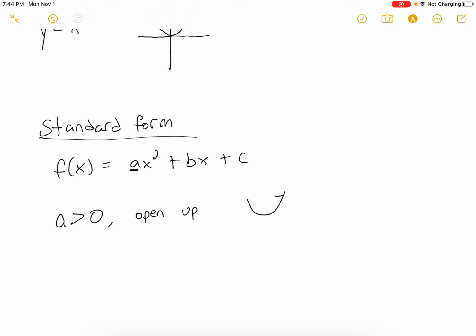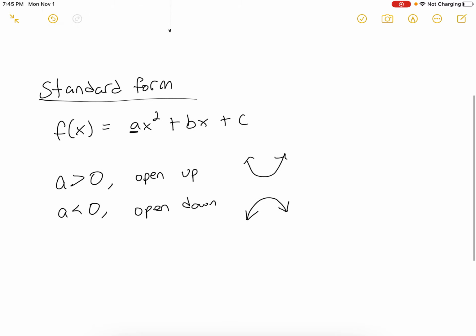So it'll be opening up. If a is negative, a is less than 0, it's going to open down.